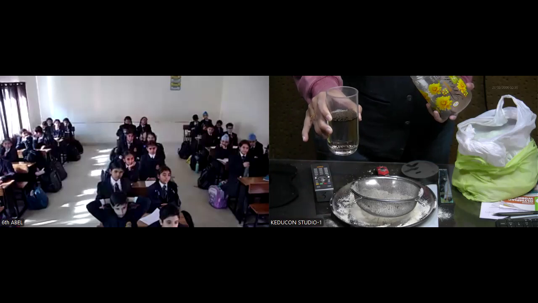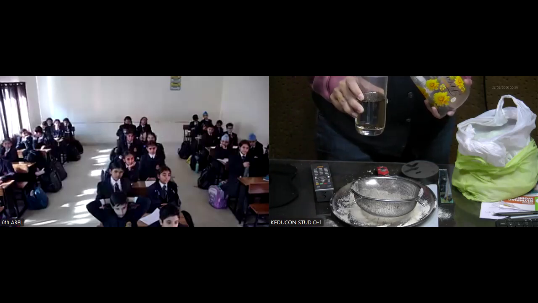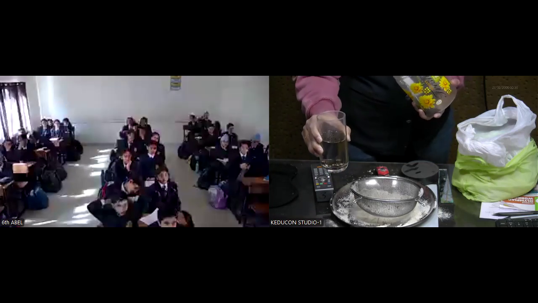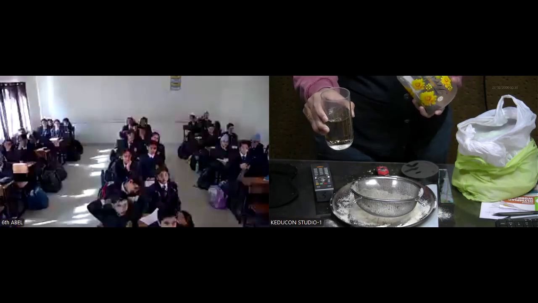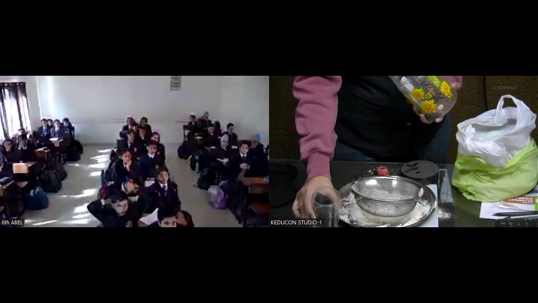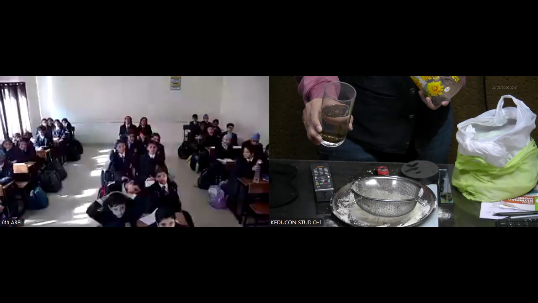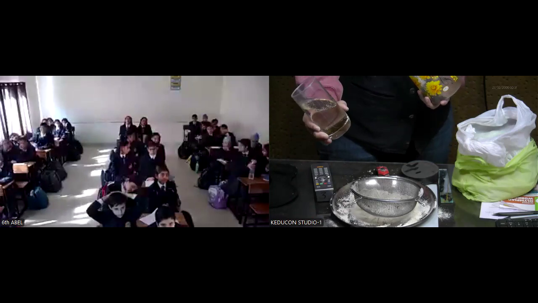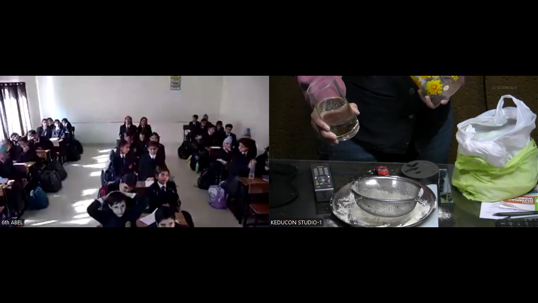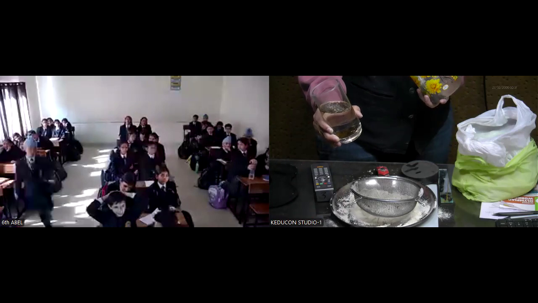Tea leaves are visible to you? Today, I think your net is not working properly. Yes, tea leaves are visible to you? I hope so. It is pretty visible. You can see some are settled down. Some tea leaves are settled down and some tea leaves are floating here.